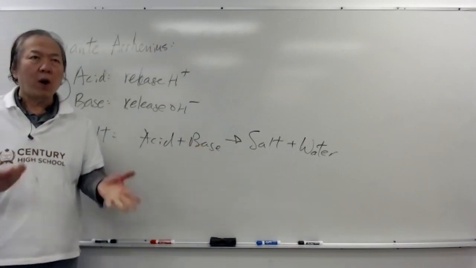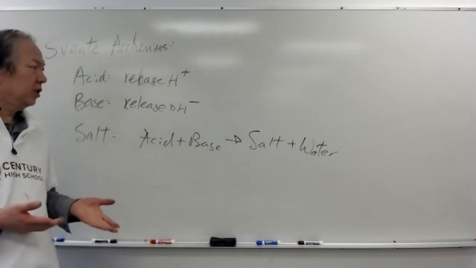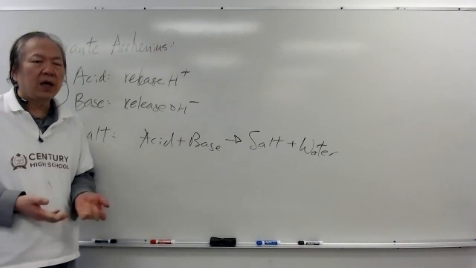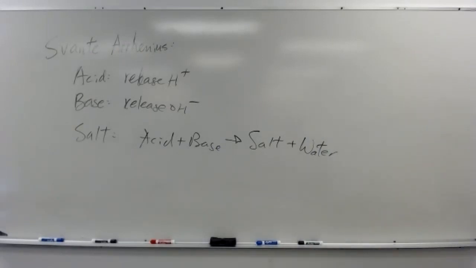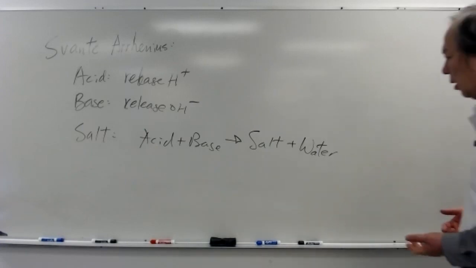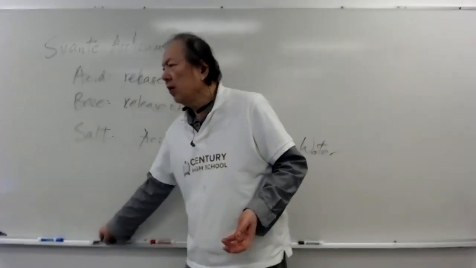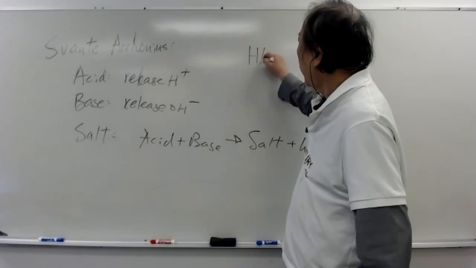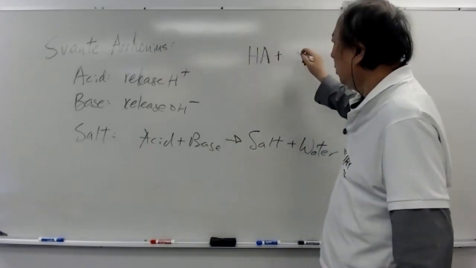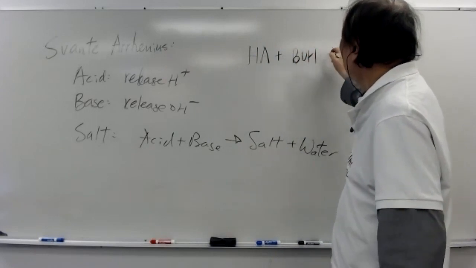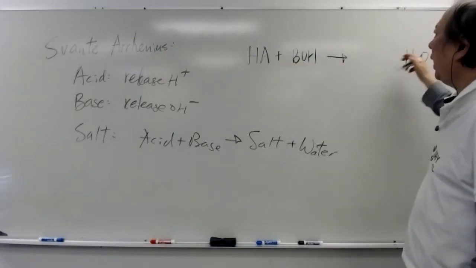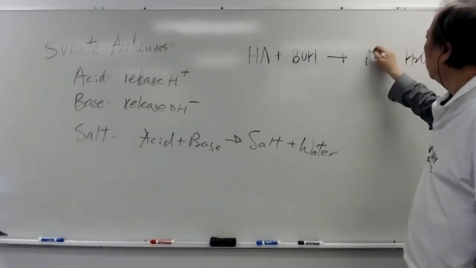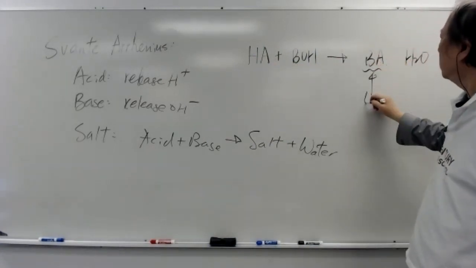Then the question is, what is the salt? Usually the salt is an ionic compound, a metal with a non-metal. We use a very simple formula: acid HA plus base BOH. The OH and H become the water, plus the A and the B come together, and this we call the salt.